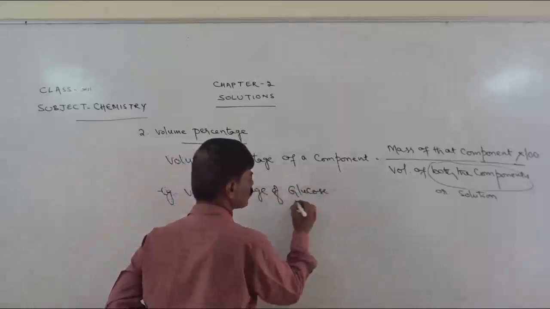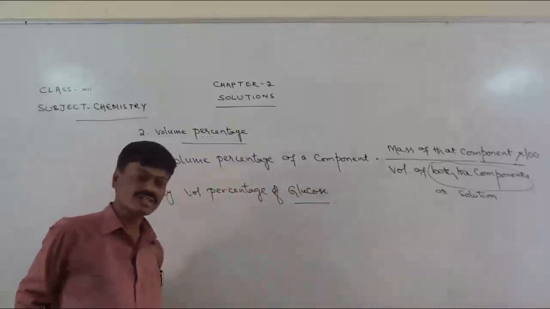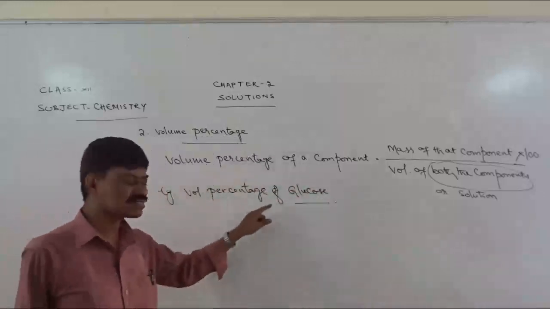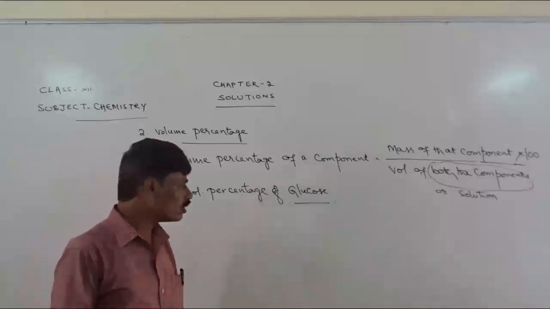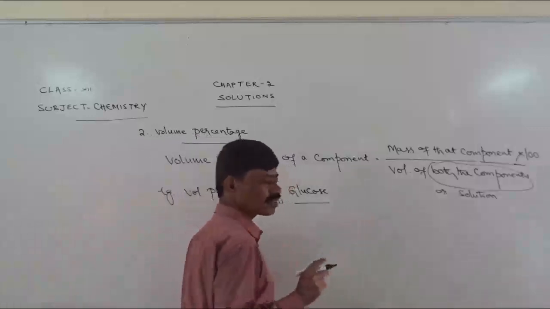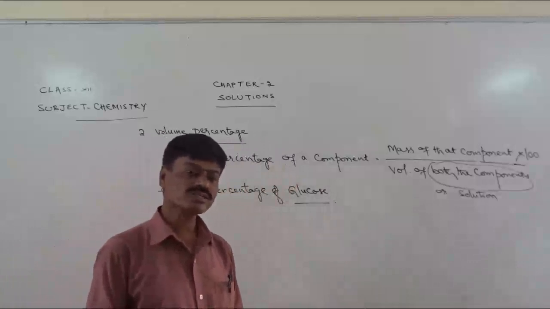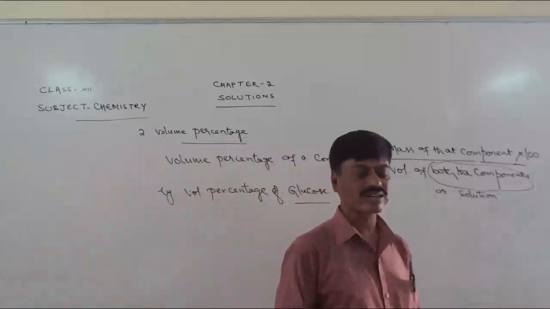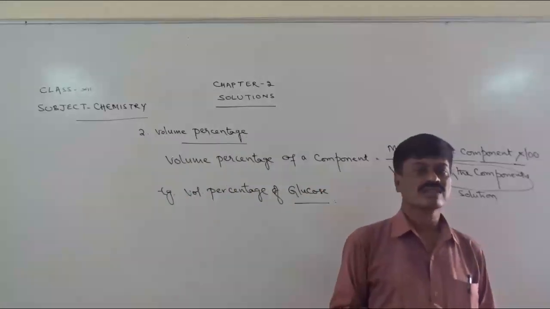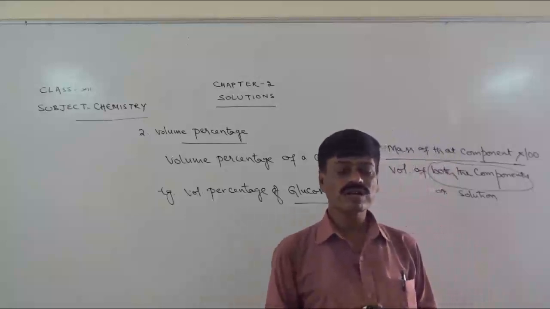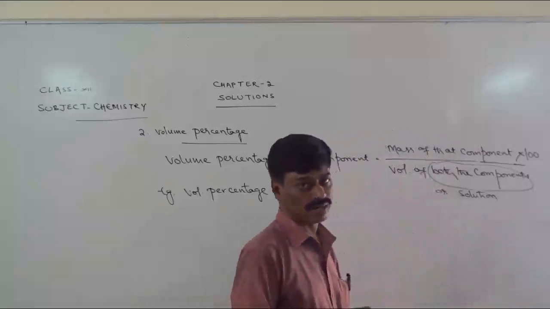How to calculate? Imagine 20 grams of glucose is given to us. Then we will take 20 grams of glucose, and to that we will add distilled water continuously till the volume becomes 100 ml.